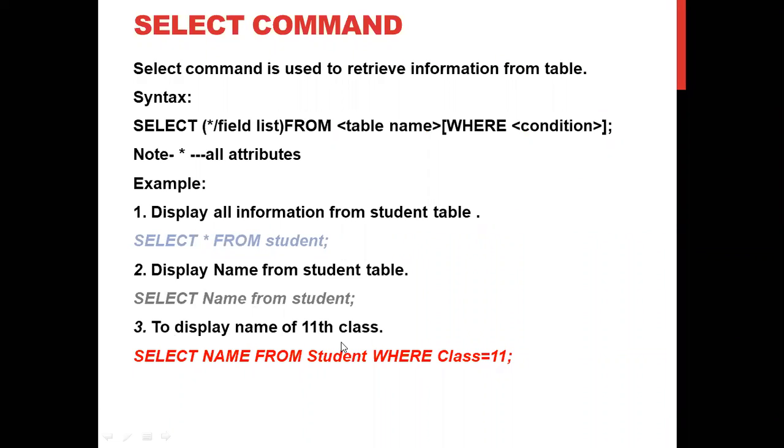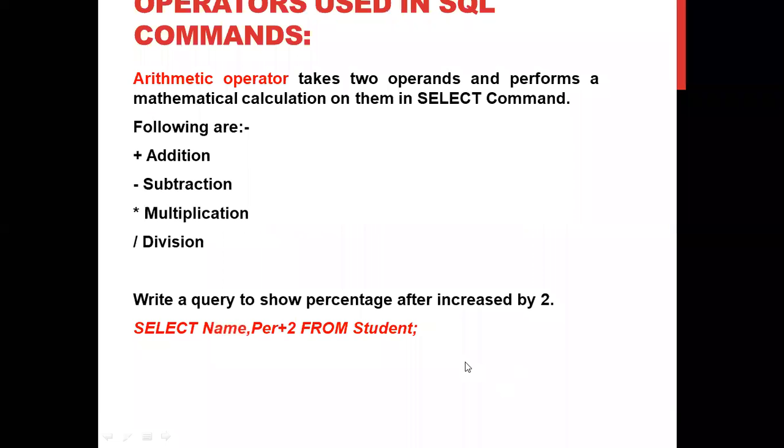To display the names of class 11 students, we write select name from student where class equals 11. Then we can perform different types of operators. The first one is arithmetic operators.